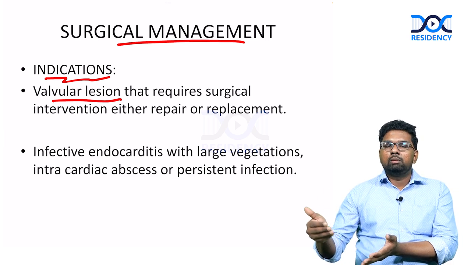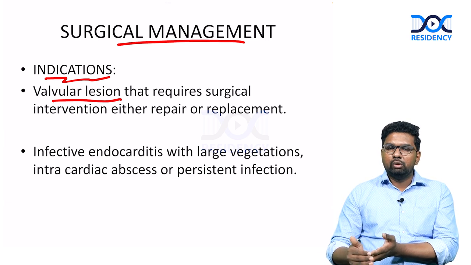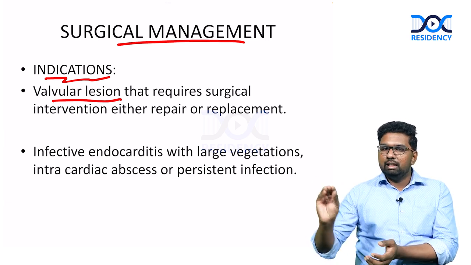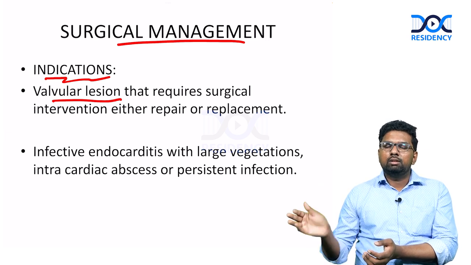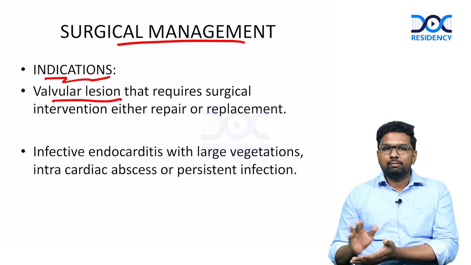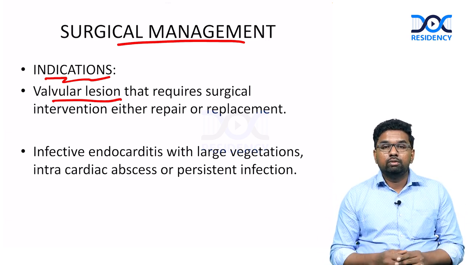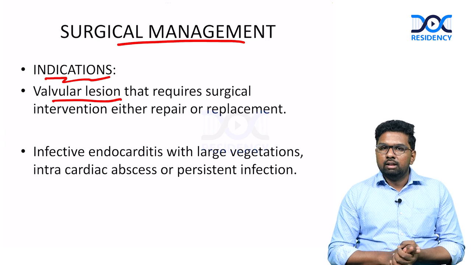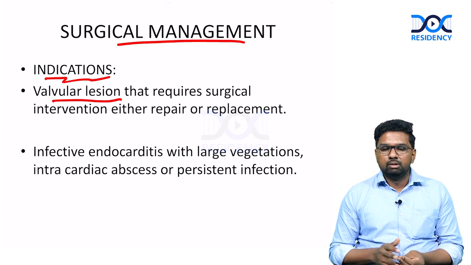Following this, we have to write about the drug therapy, that is medical antibiotic management for infective endocarditis, and medical management for fungal infective endocarditis, followed by surgical management. These are the topics which you have to write as an essay if asked about infective endocarditis. And of course, in the investigations you have to write about the X-ray findings and echo findings also.